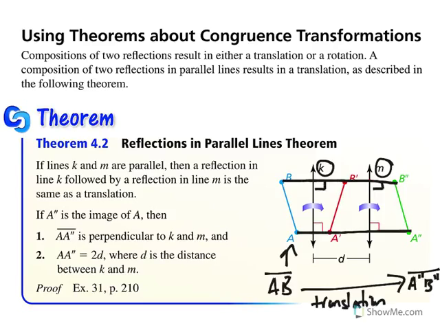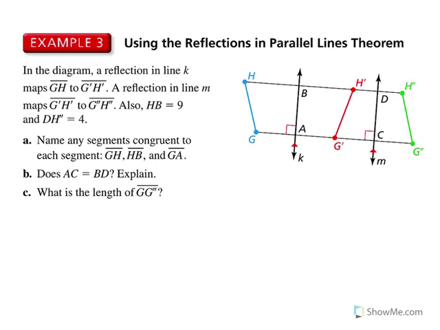And the last thing to note is that in our translation from our A to our A double prime, like it says in this number 2, it's going to be twice the distance as it is between those 2 parallel lines. So let's look at this first example. In A, it says to name any segments congruent to each segment.